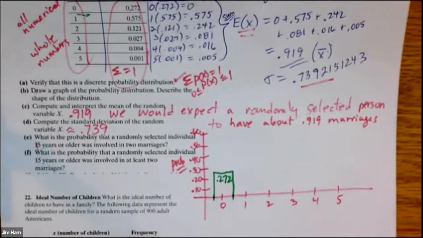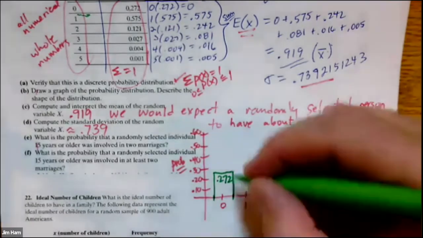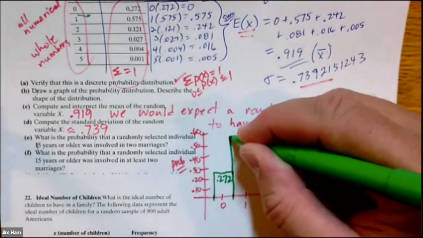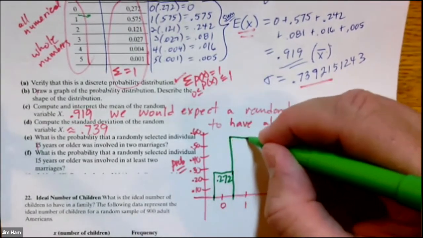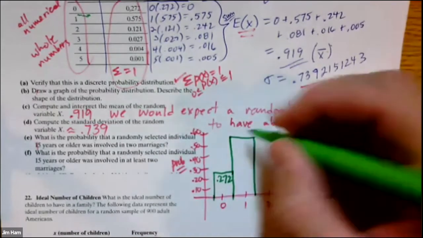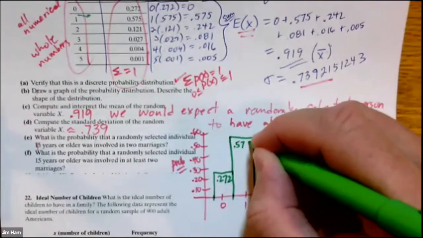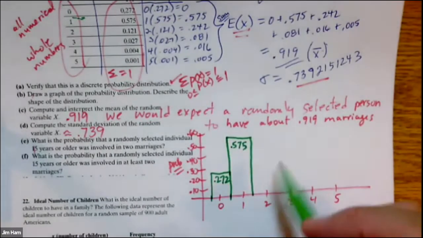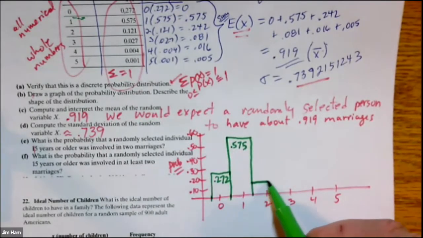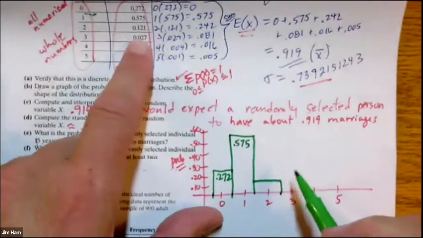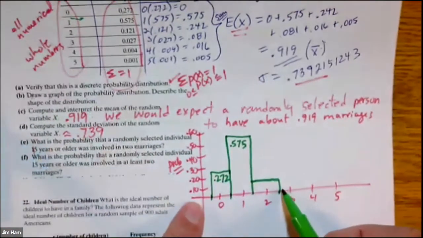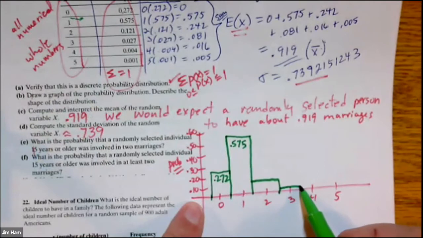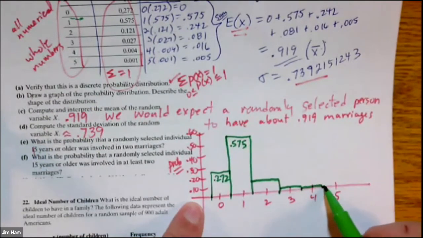This is a histogram, so these bars should be connected. For 1, we go all the way up to 0.575. And so on: 0.121 and 0.027 and 0.004, and they get pretty small.